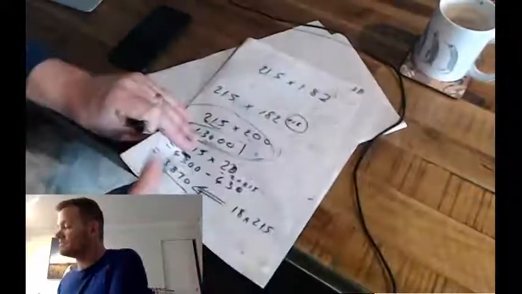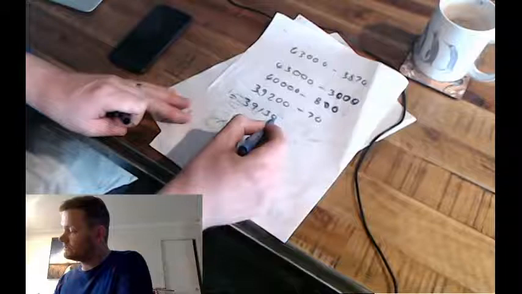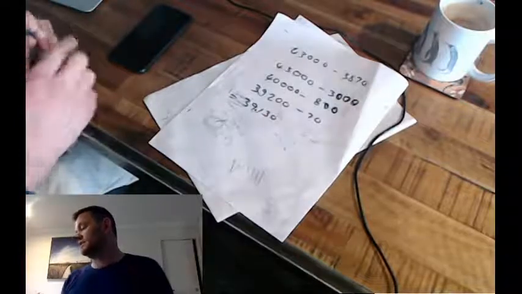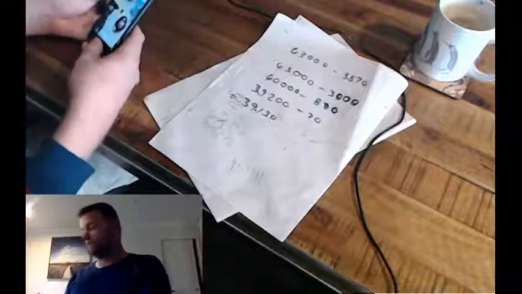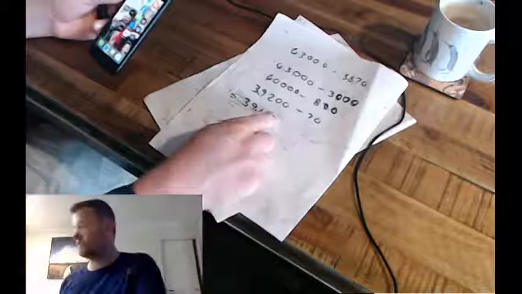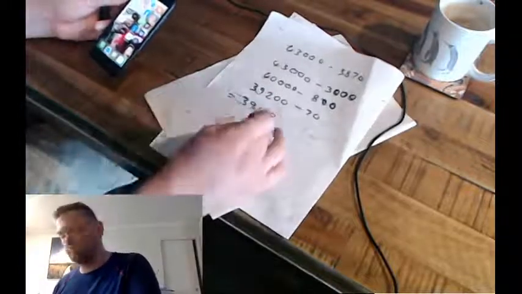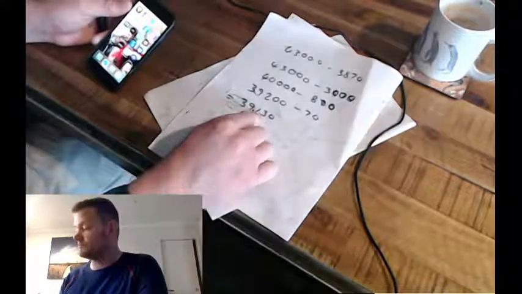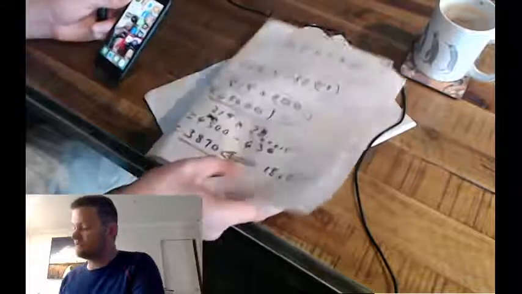Now, I know from my thing here that I have 3 decimal places. So I have to put my 3 decimal places back in. 1, 2, 3. 39.13. So let's see whether this actually does give the right answer.